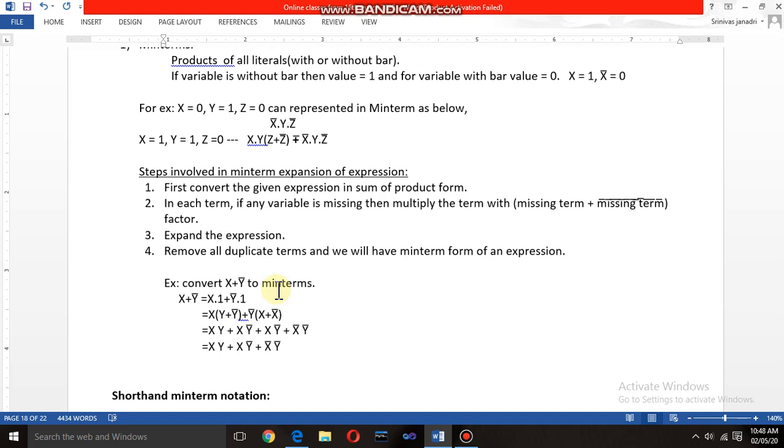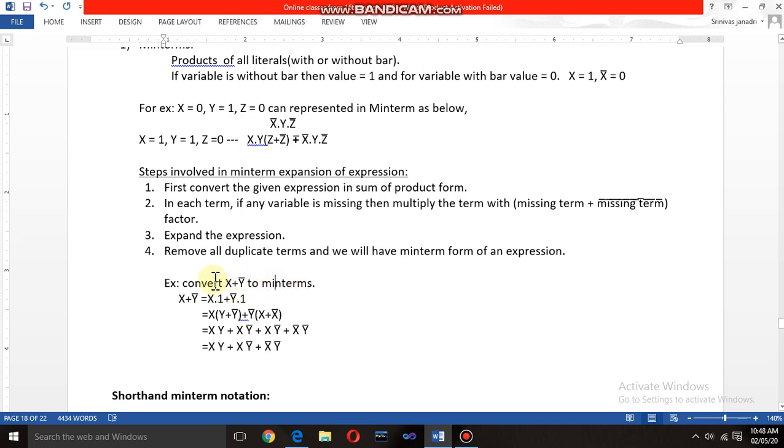How many different variables are available in this system? One is x and another one is y. Don't get confused with the bar; bar and non-bar are the same, so count it as one variable. x is one variable and y is another. Two variables are there in this expression.